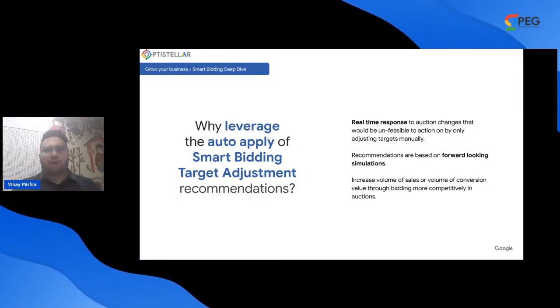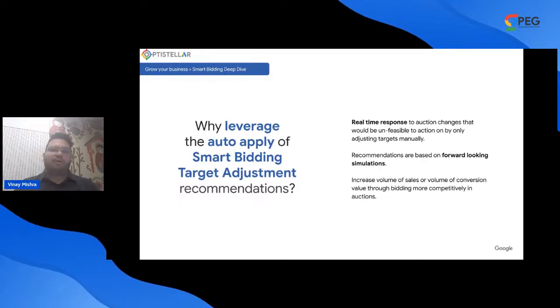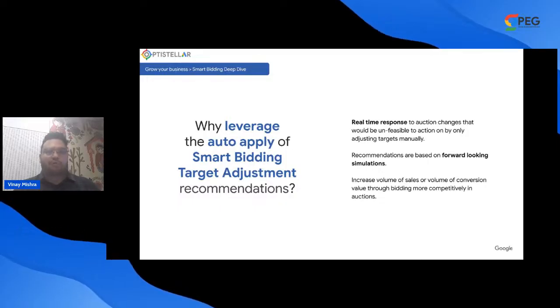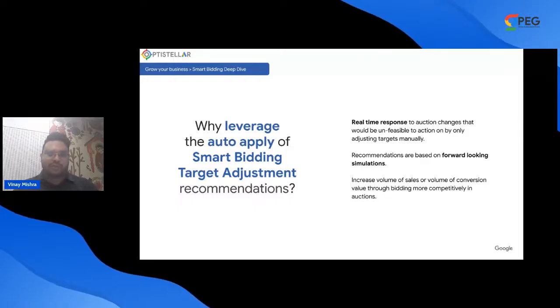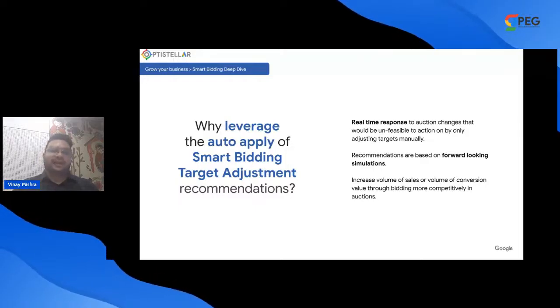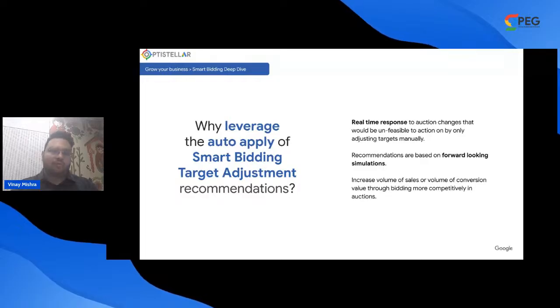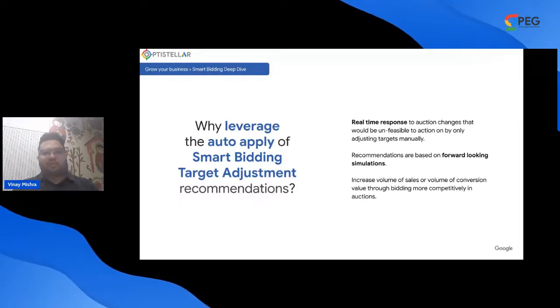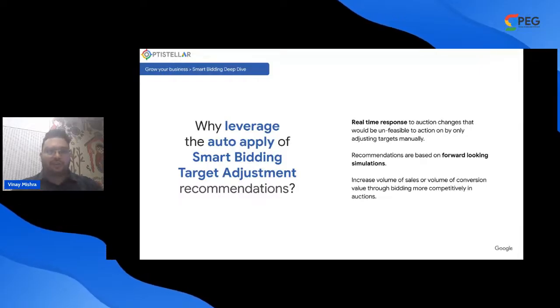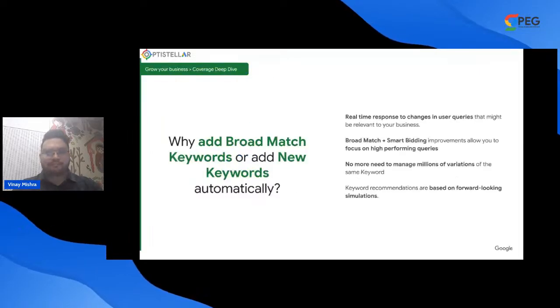We spoke about how smart bidding is future focused, always forward looking, and always inclined towards increasing the volume of your sales or enhancing your conversions or the conversion value through bidding more competitively in your auctions.